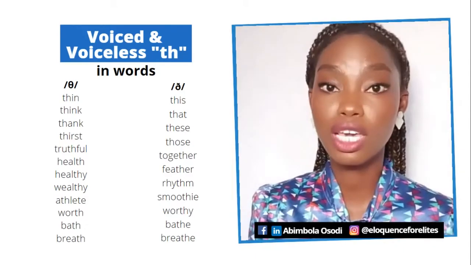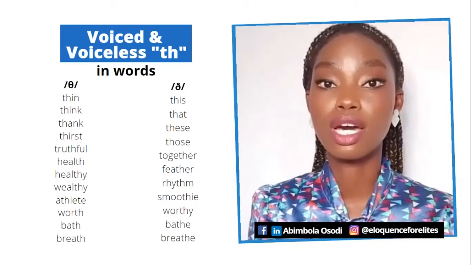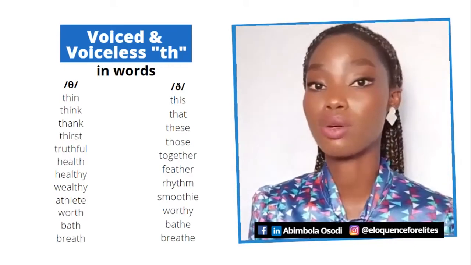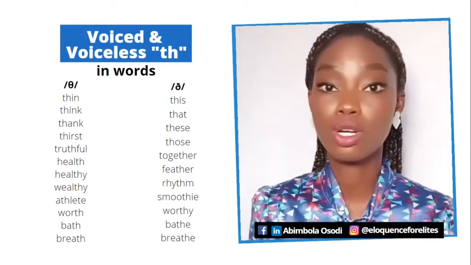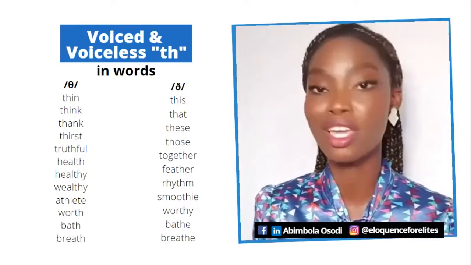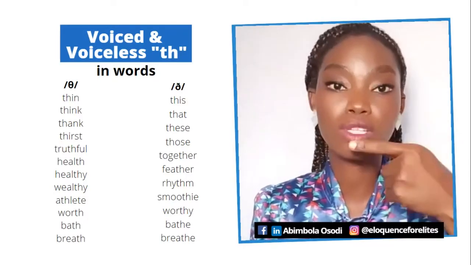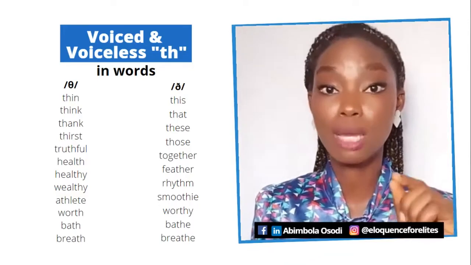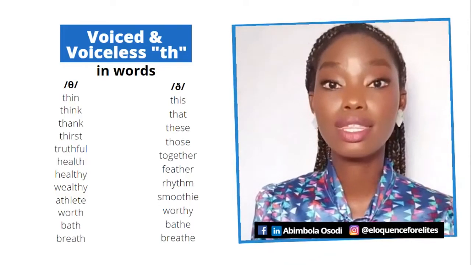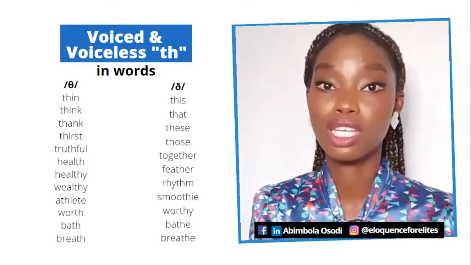For the voiced TH sound, there'll be a vibration, and that's the sound you have in this, that, these, those, together, feather, rhythm, smoothie, worthy, bathe, and breathe. Remember to place the tip of your tongue in between your upper and your lower teeth and let the air escape gradually.